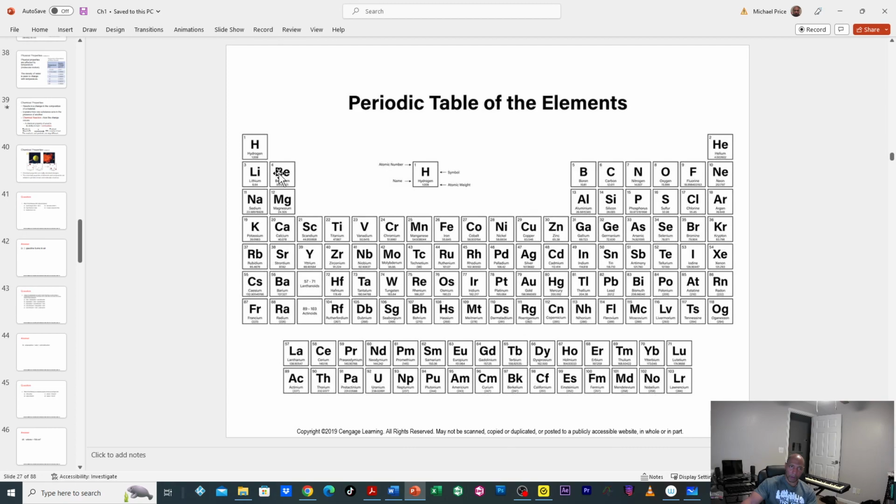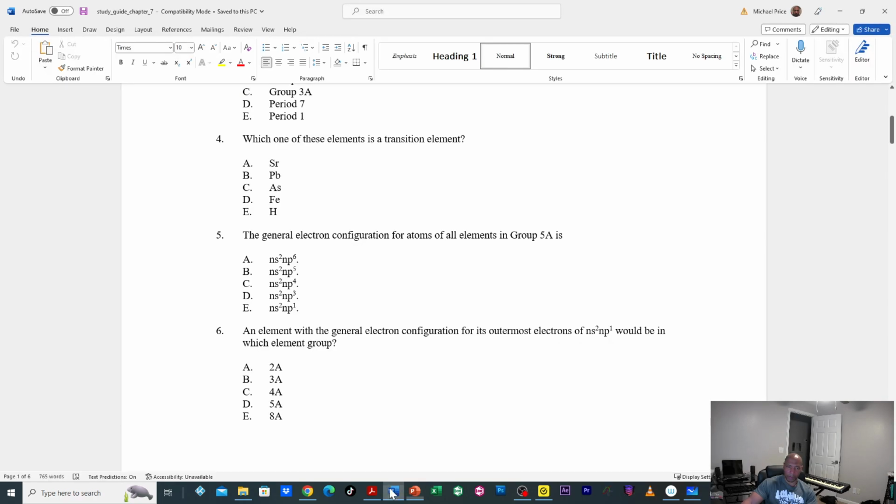So let's see. A general electron configuration for atoms of all elements in group 5A. Now, of course, if you go to 5A, that's going to be the group with nitrogen right here. Notice each block corresponds to an electron. So this is 2s1, and then that beryllium block would be 2s2.